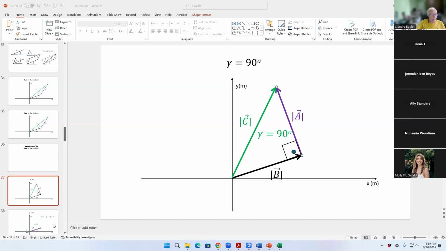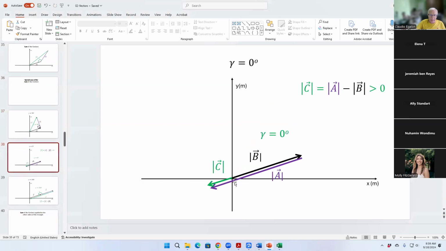Here is the case of the two vectors, first at a generic angle gamma, then at a 90 degree angle, and now as we decrease the angle until it goes to zero, right?